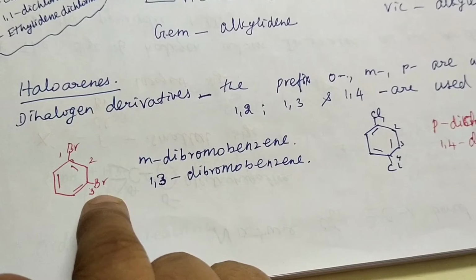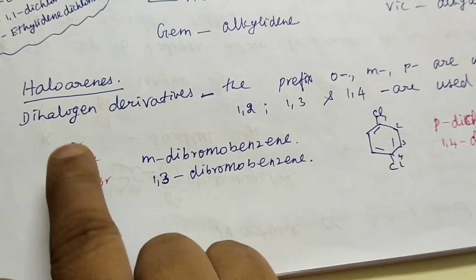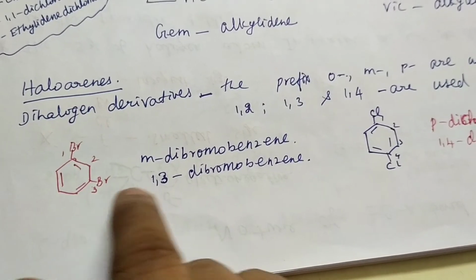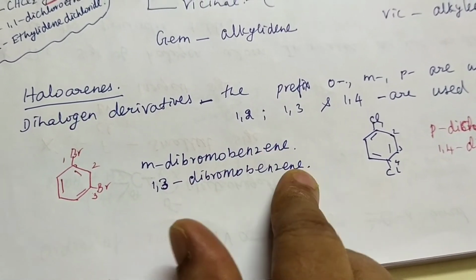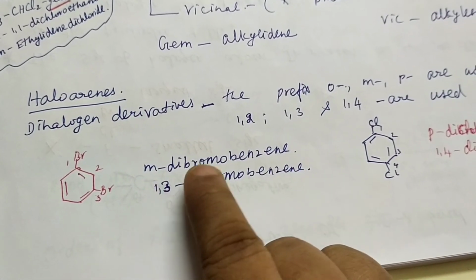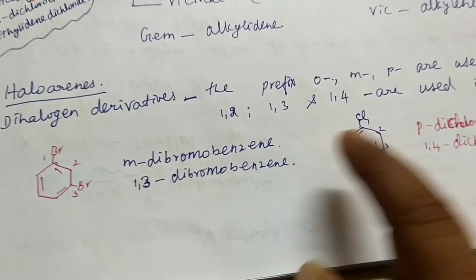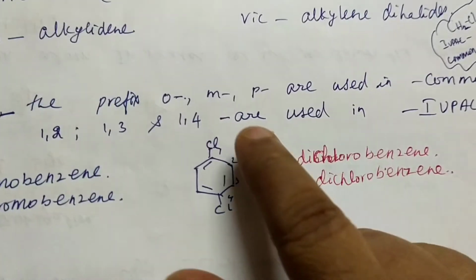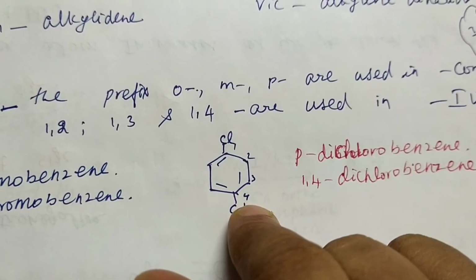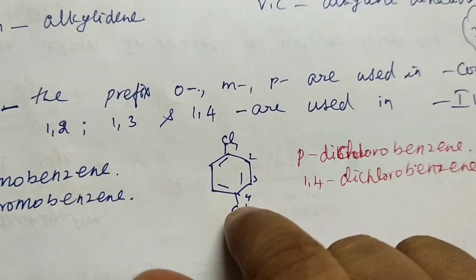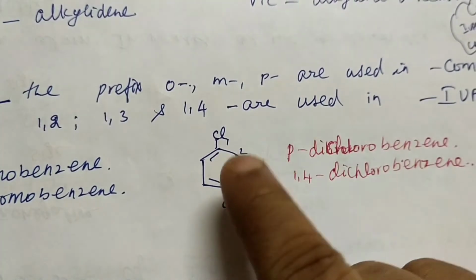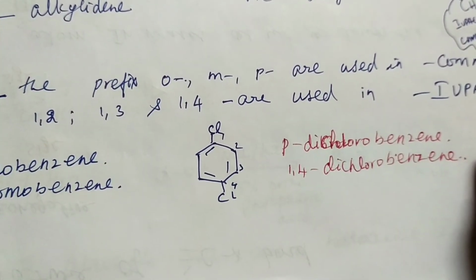So numbering this way is the correct one. So 1,3-dibromobenzene is the IUPAC name; in the common name, meta-dibromobenzene. Another example is para, on the opposite side. From either side you number, it is 4. So it is 1,4-dichlorobenzene or para-dichlorobenzene.